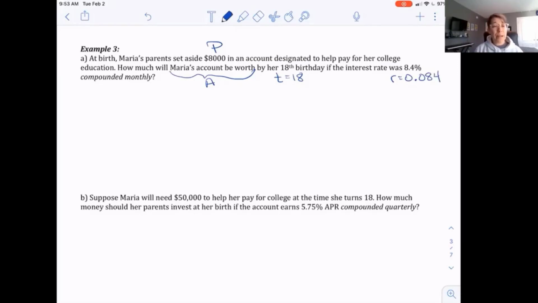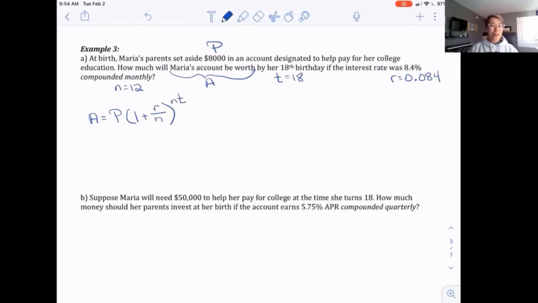And then it's compounded monthly. So that means our N is 12. It's compounded every month in the year. So let's remember our formula, where the account balance equals our initial amount times 100% of the original, plus our interest rate divided by the number of times compounded to the power of the number of compounds times the number of years.